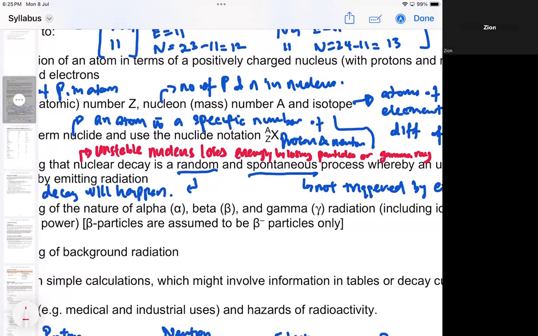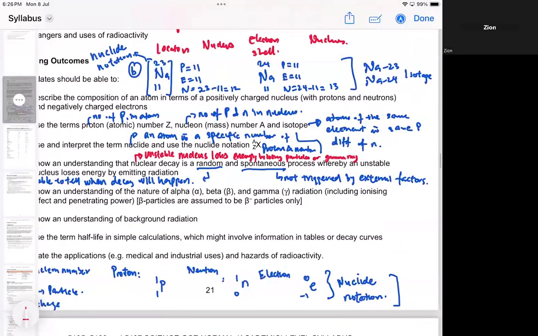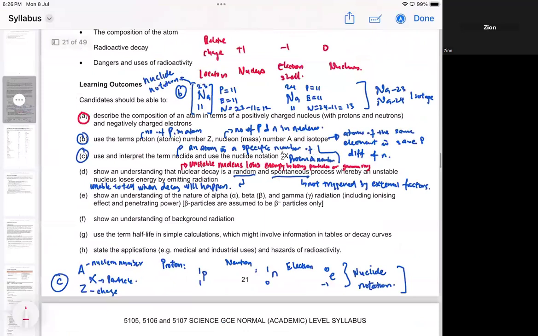Gamma rays is the one that you have seen in the electromagnetic spectrum. So basically a decay is just a nucleus losing this energy. And how does it lose energy? It loses energy by either giving out particles or giving out gamma rays. But again, specifically how it's happening, not that important.